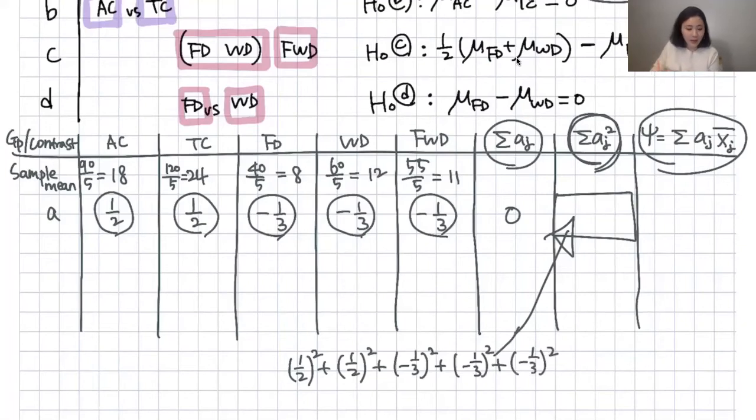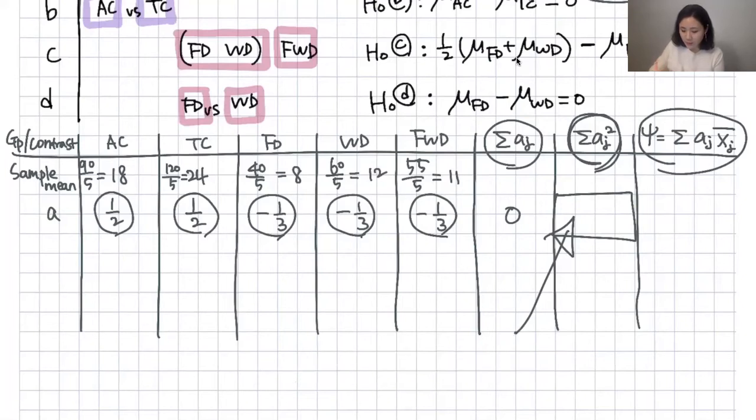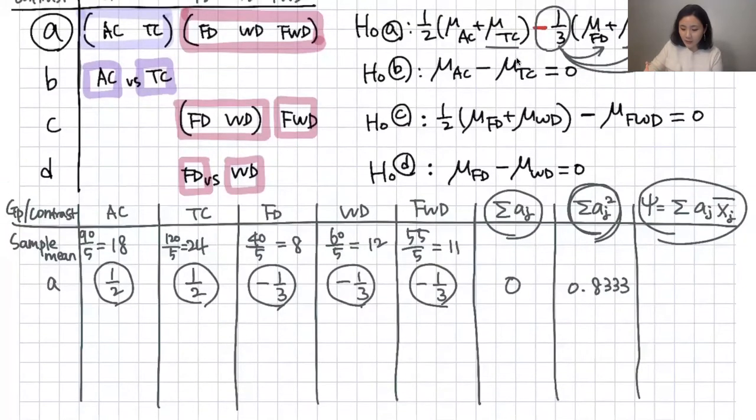So if we add them, my answer is 0.8333. So I'm going to write 0.8333. And then my psi, we call this one psi.